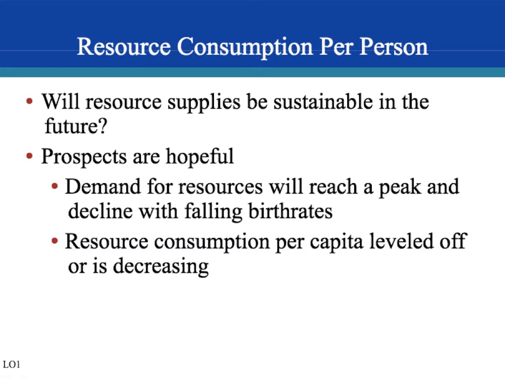However, you do need to look at the fact that in other areas of the world, birth rates are still very high, and so their populations are increasing. And so, even though resource use has leveled off and is expected to decline in the United States and Europe, for example, in Africa and the Middle East, resource consumption is expected to rise.